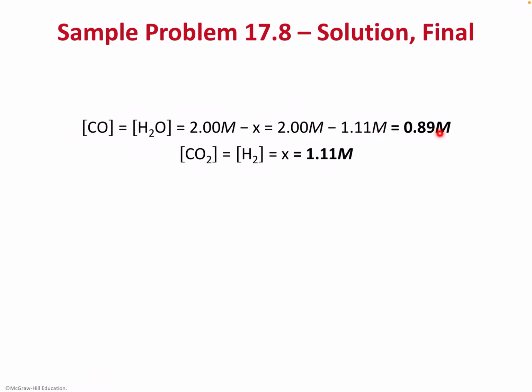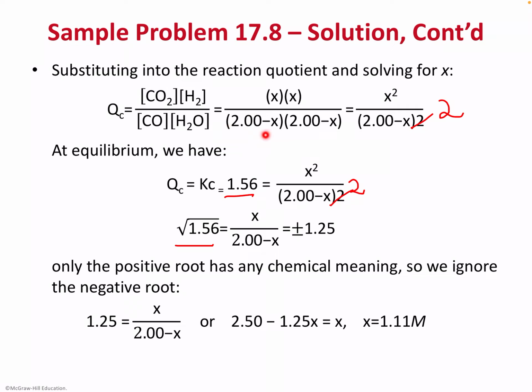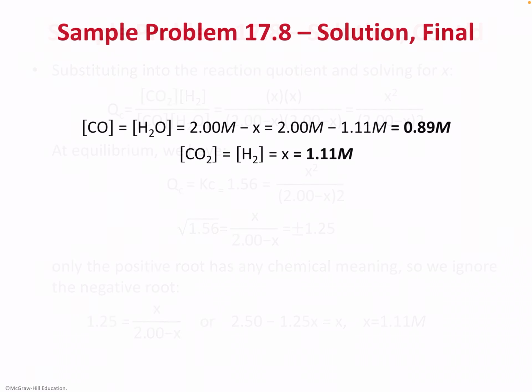Carbon dioxide and hydrogen are x, 1.11. Okay, another easy question. Now you see here that the initial concentration for both of these reactants is 2 and 2. So we were able to solve for x easily like this because we were able to take the square root of this side. So remember that.